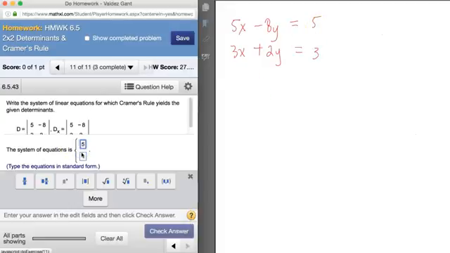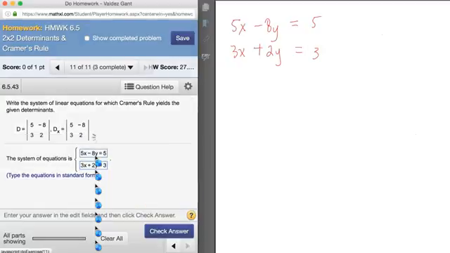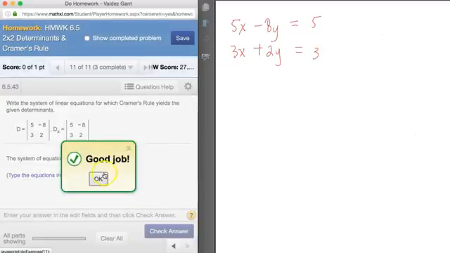So in doing this, we would have 5x minus 8y equals 5. And then the second equation, 3x plus 2y is equal to 3. And that concludes the videos on using Cramer's rule to be able to solve systems of linear equations.